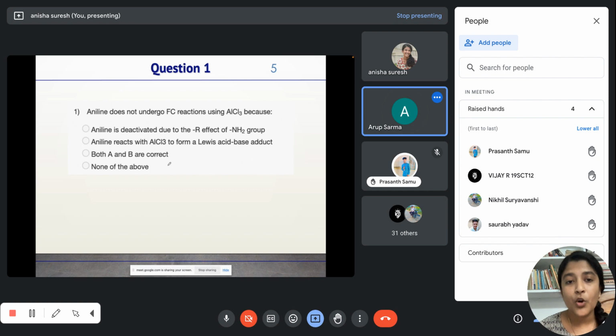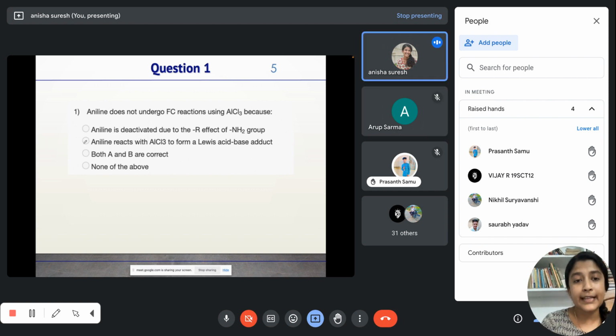Option B. It is the correct answer. Aniline reacts with AlCl3 to form a Lewis acid base adduct. When we come to option A, aniline is deactivated due to the minus R effect of NH2 group. When we see the NH2 group, it is an electron donating kind of group as it is having lone pairs, and it will be involved in plus R effect rather than minus R effect. So this option we can eliminate.